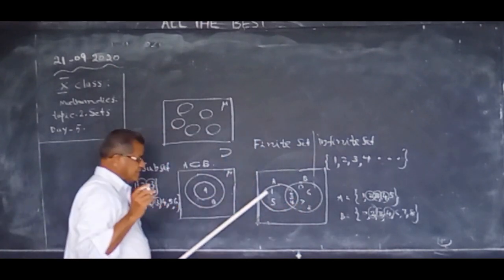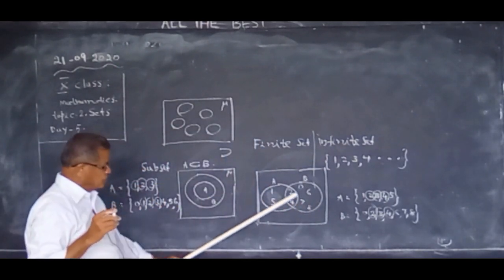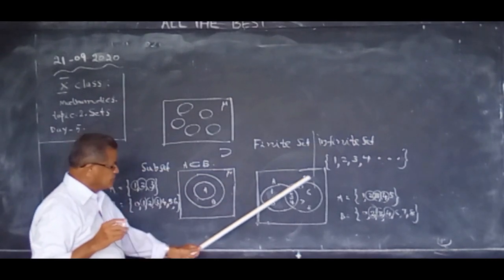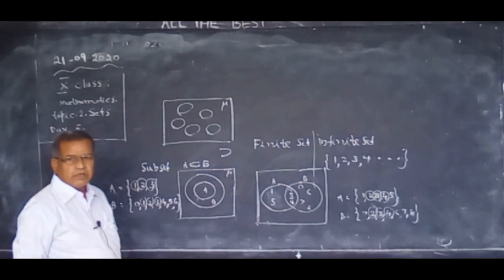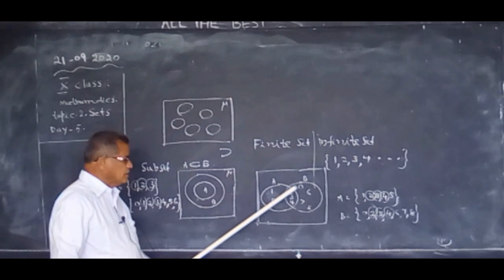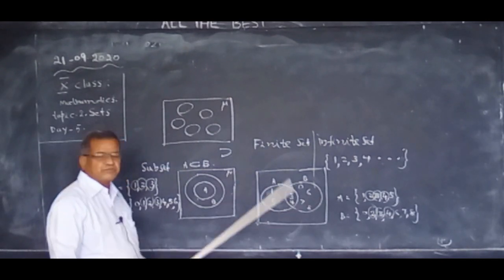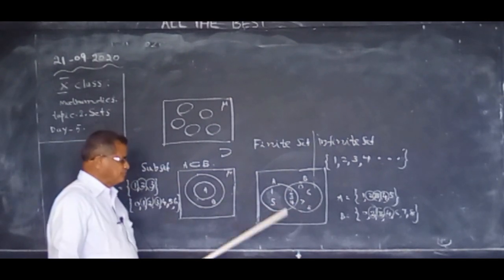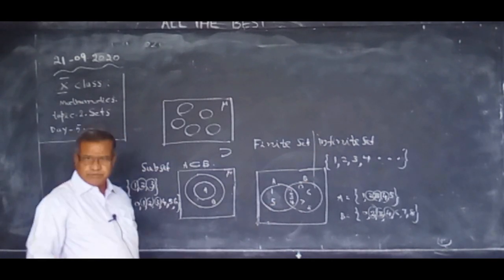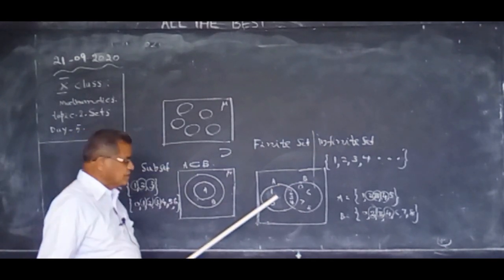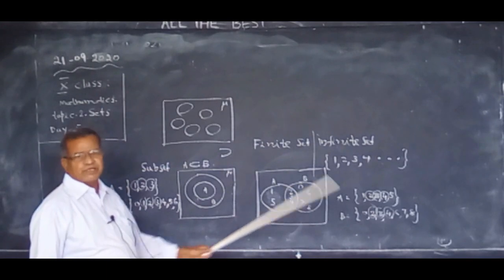So this is set A, this circle. This is set B. So we call these joint sets or overlap sets. By name only we can easily understand they have some common elements.